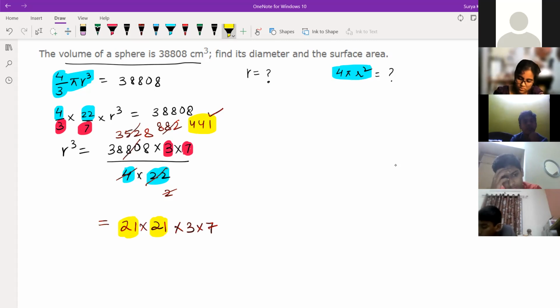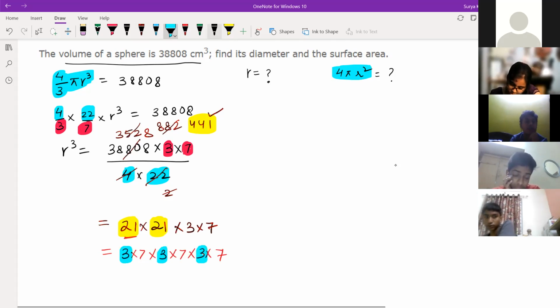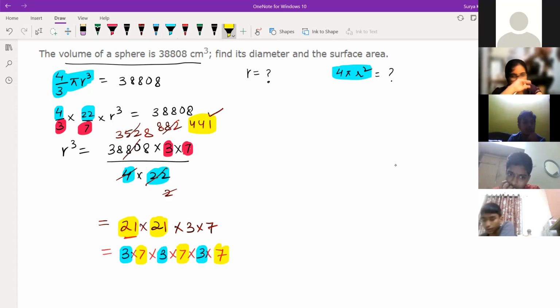And then 21 can be written as 3 into 7 each. So 21 again can be written as 3 into 7 into 3 into 7 into 3 into 7. So everything is repeated three times. So this is r to the power 3.